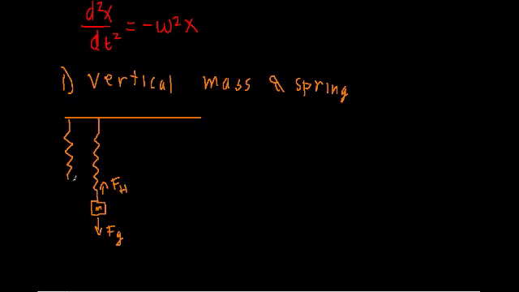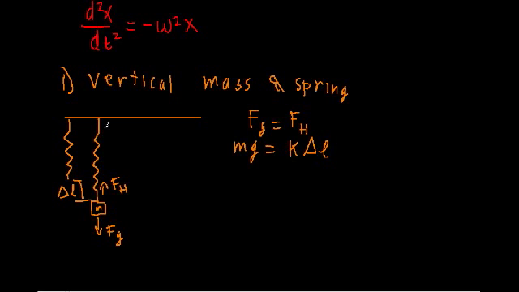And let's just say that it's moved down a distance, let's call it delta L. That means we can describe what's happening at this equilibrium. We can say that the force of gravity is balancing with the Hooke's force, which is the same as saying that the mass times gravity is equal to our Hooke's force, which is K times delta L.